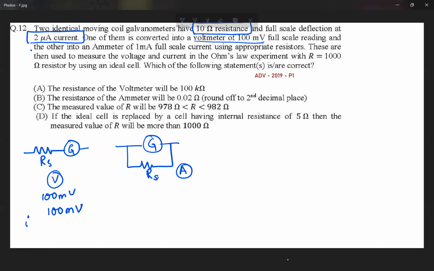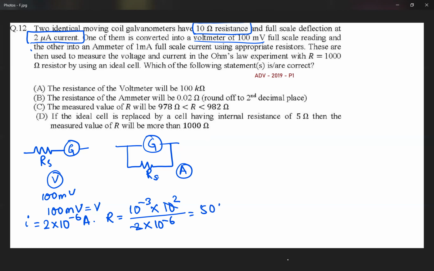So if the voltage is equal to 100 millivolts, the current will be 2 × 10^-6 amperes, which means that the resistance required in total is equal to 10^-3 × 10^2 divided by 2 × 10^-6, which is nothing but 50 kilo ohms. So the total resistance should be equal to 50 kilo ohms. The first option says the resistance of the voltmeter will be 100 kilo ohms. No, the first option is wrong.